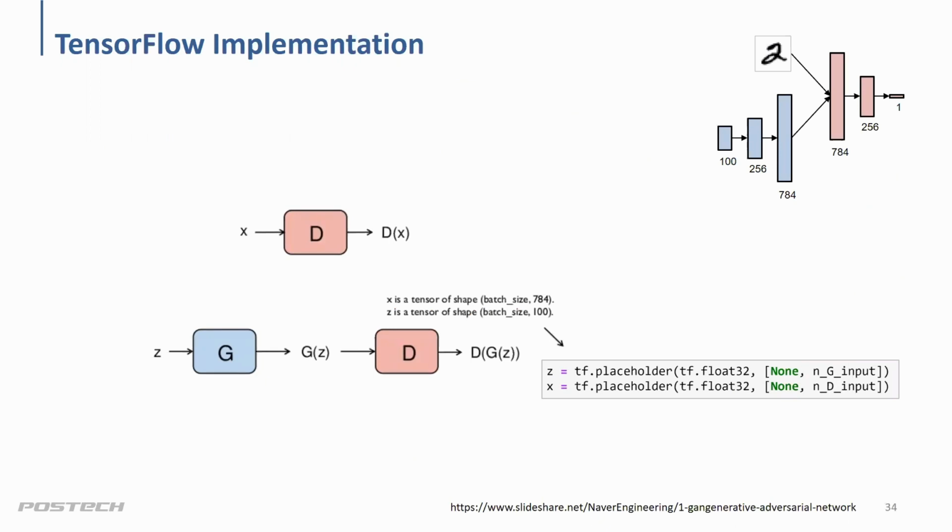So now we have placeholders, Z, and X, which is another placeholder for the real data. One is for real, and one is for fake, to generate noise first. Then with the generator, we're going to generate fake MNIST images.